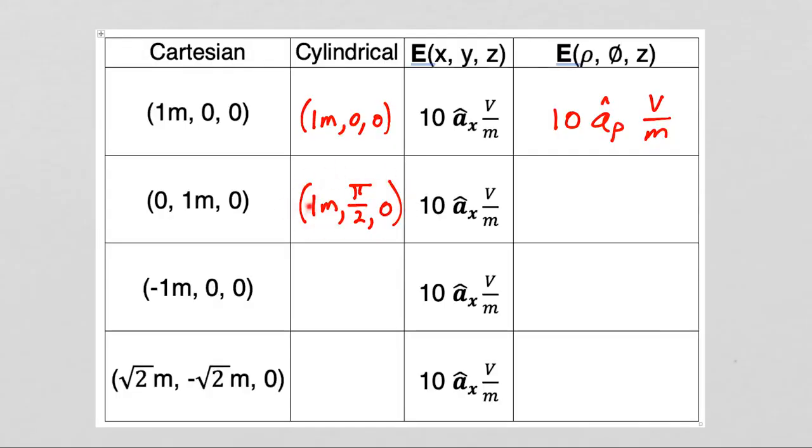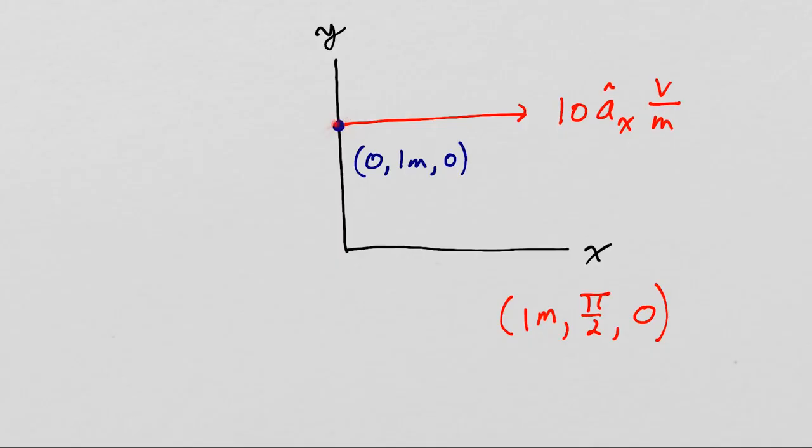So here's that point, and now we're going to find the representation of the vector using components in cylindrical coordinates. So at this point, here is a representation of our electric field intensity of 10 volts per meter in the x direction.